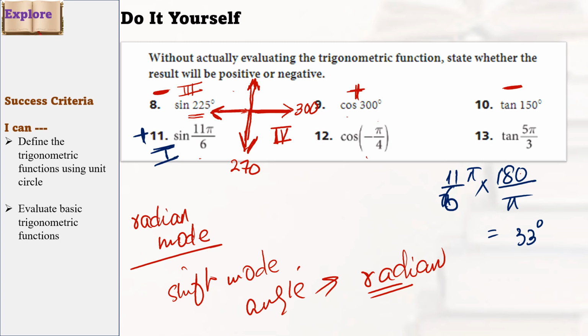Now cosine of negative 45 degrees, negative pi by 4. Okay, so it will give you a positive answer. Similarly, either you can write directly in the calculator to get the final answers or do it manually.